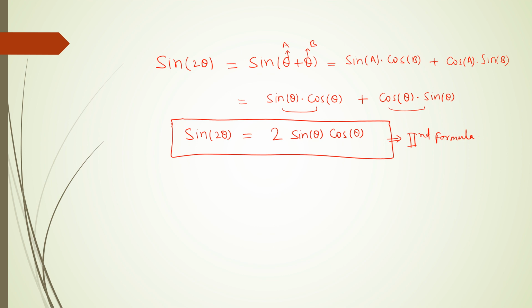Okay. Suppose we want tan of 2 theta, then what is tan of 2 theta? We can easily find it: tan of theta plus theta, or otherwise we can have sin 2 theta upon cos 2 theta.